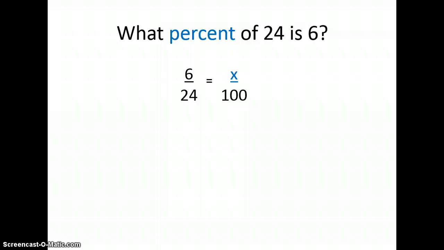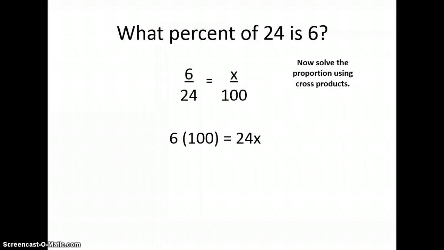So I'm going to substitute a variable so I can figure out what percent of 24 is 6. Now once I've set up my proportion, I simply need to solve it, and there are many ways. In this case, I'm going to choose to use cross products because I don't know what I multiply 24 by to get 100 easily in my head. So I cross multiply: 6 times 100 needs to equal 24 times x.